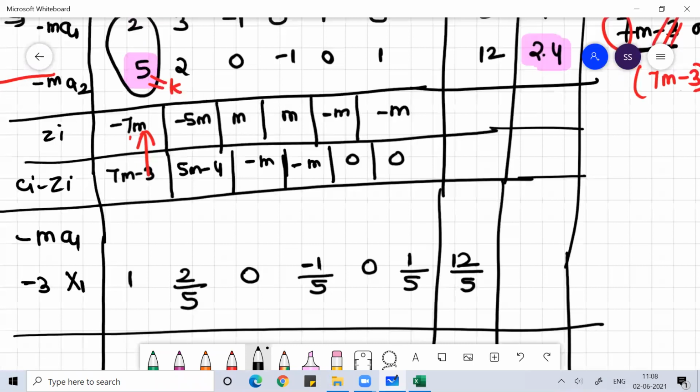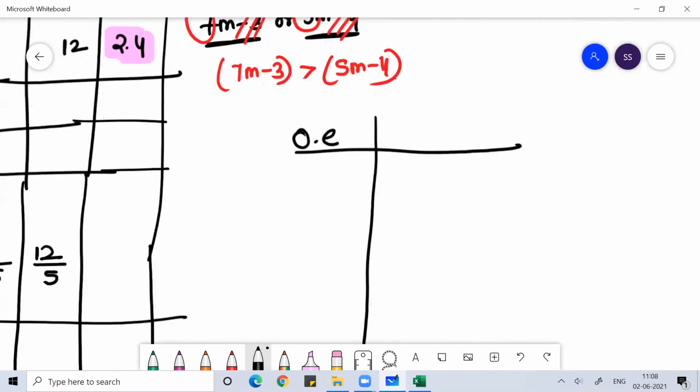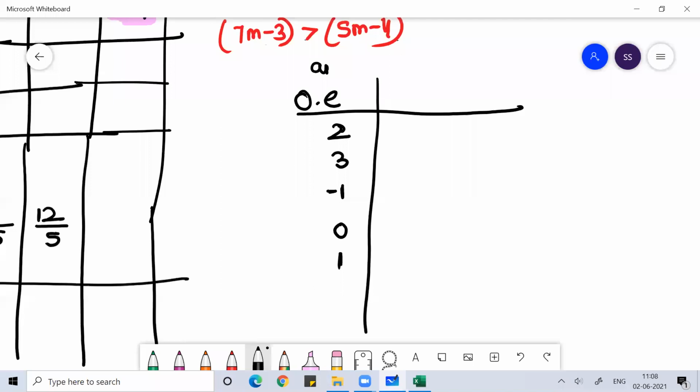So if I write the old element values of A1, those are 2, 3, minus 1, 0, 1, 0, 8. And what is the new element? The new values of x1 you're getting are 1, 2 by 5, 0, minus 1 by 5, 0, 1 by 5, and 12 by 5.